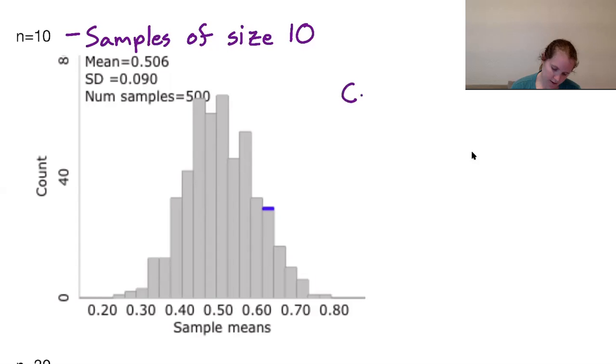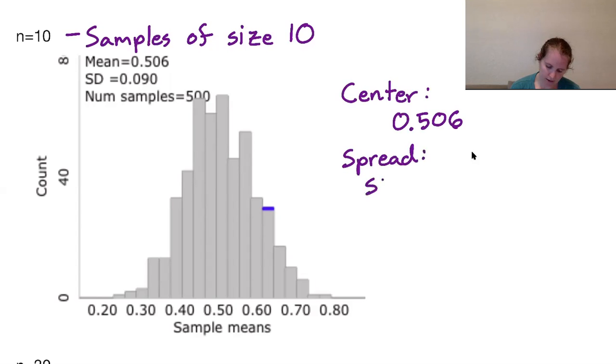So the center of our X-bar distribution, we are looking at 0.506. And the spread, we are looking at standard deviation of 0.090.